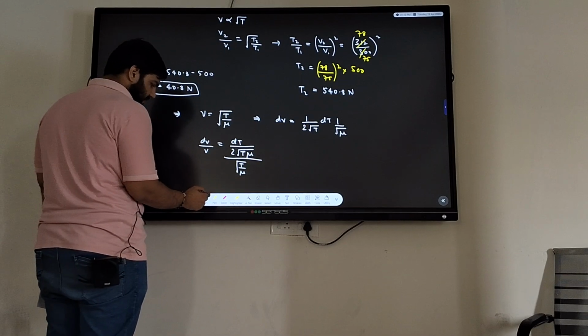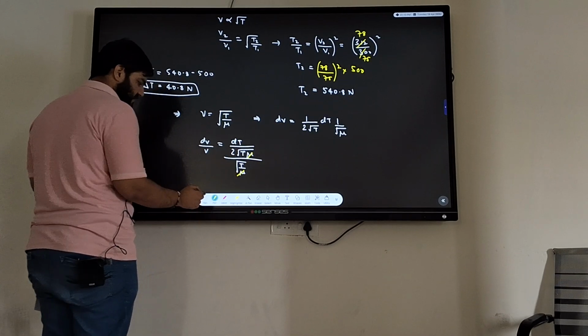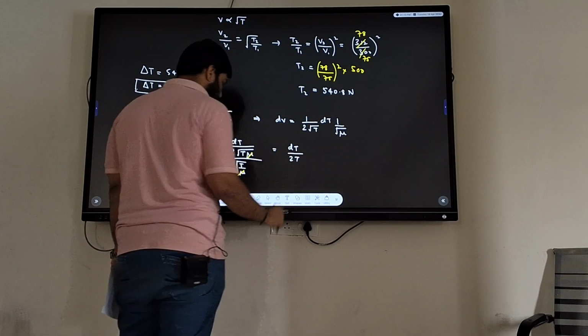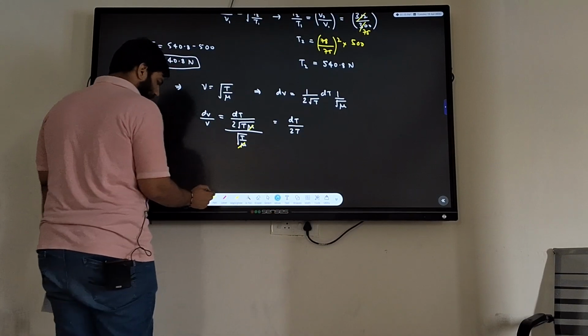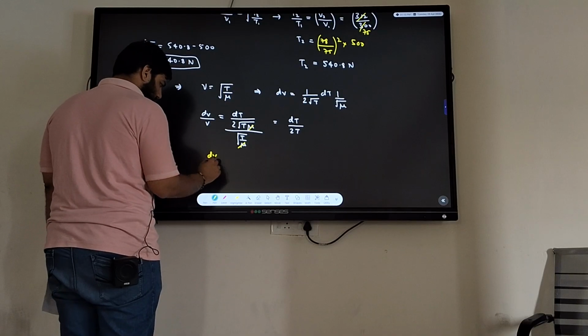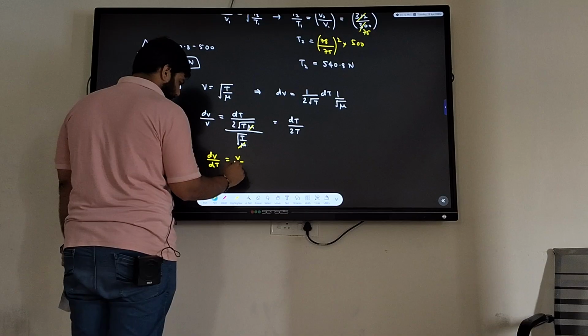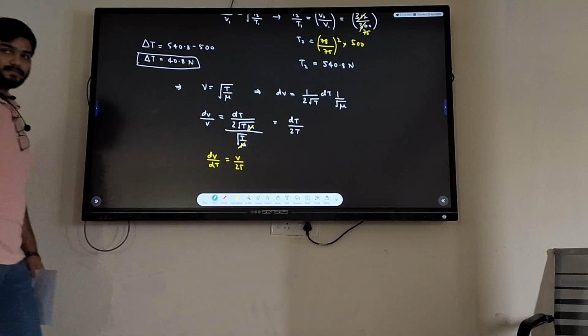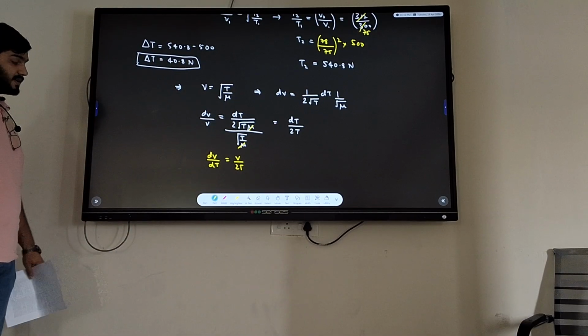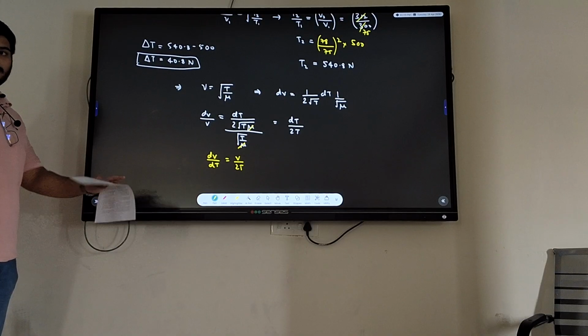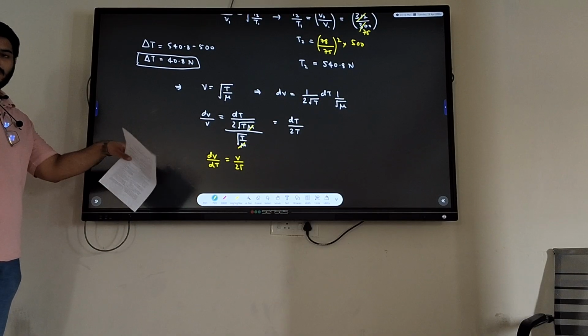I think this mu cancels, and then you will get something like dT by 2T. So the change in velocity divided by this V is equal to dT by 2T. This is what I am finding, and then using this you will be able to find T equal to 40 newtons.